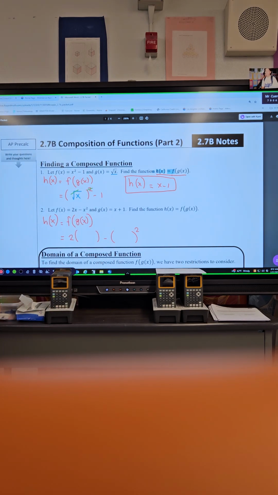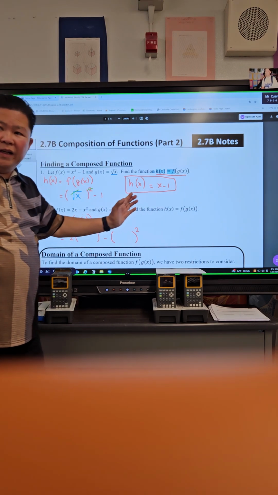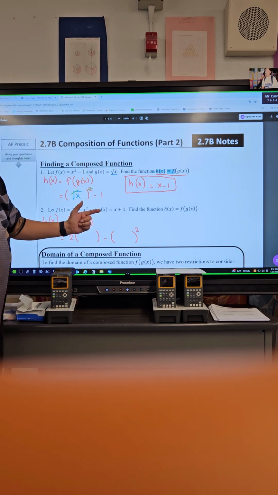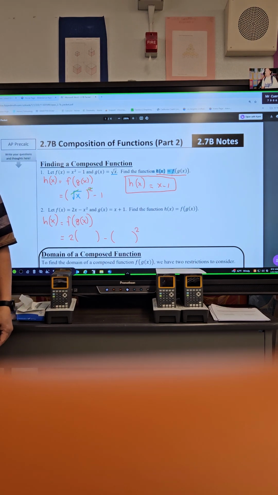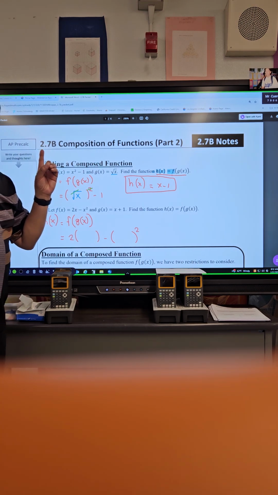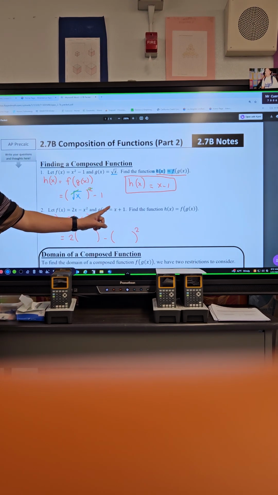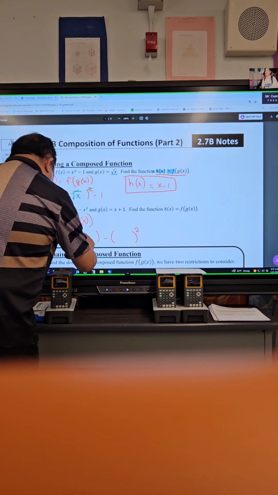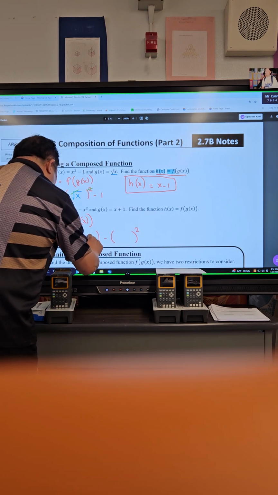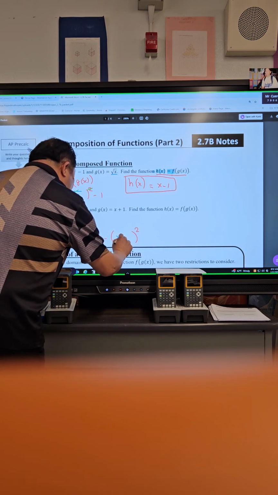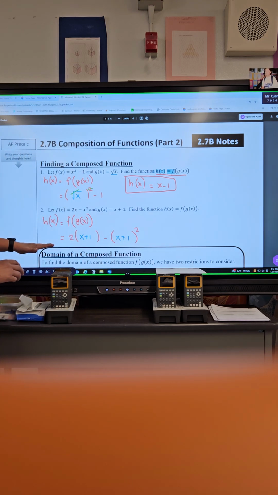Clear, guys? And what is to be written inside? Since g of x is inside, the function g of x should be inside the parentheses. Clear? So what is to be written inside? The x plus 1. So we have x plus 1 and then x plus 1. Okay, before we simplify, any question, clarification on this?